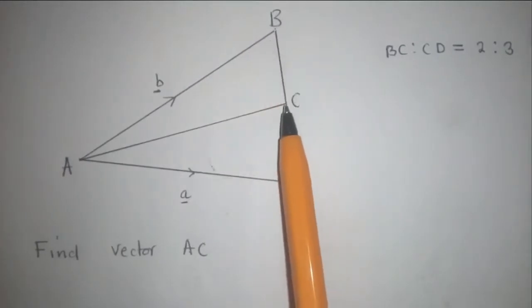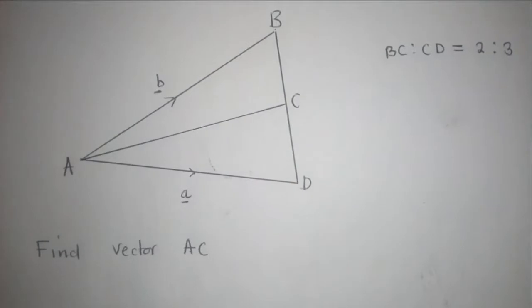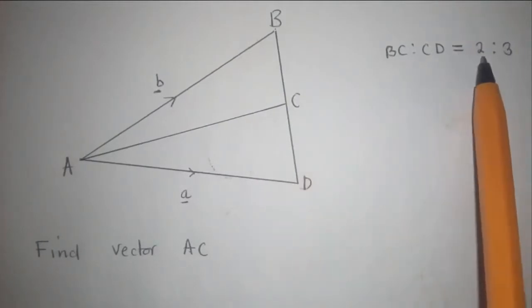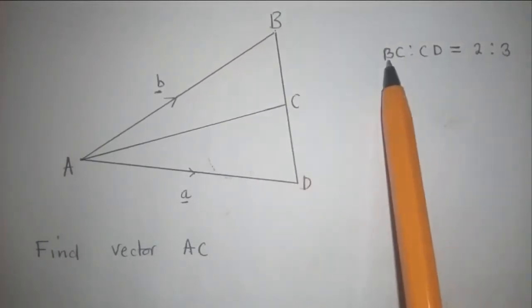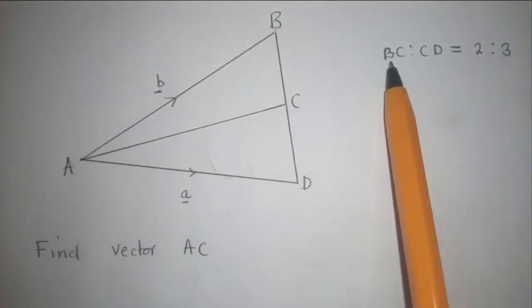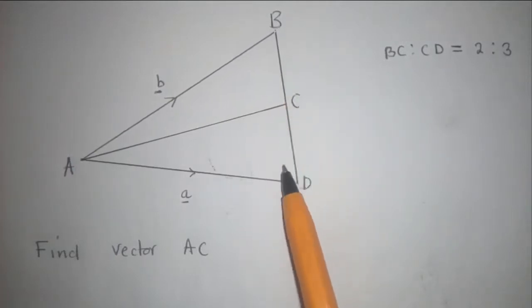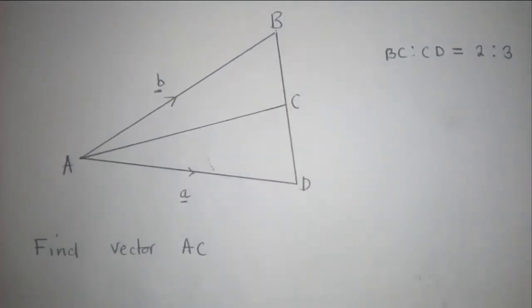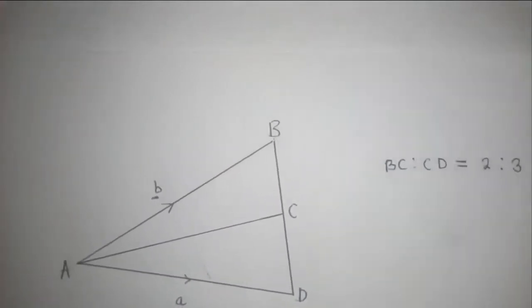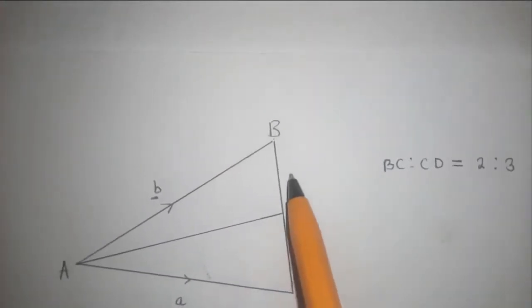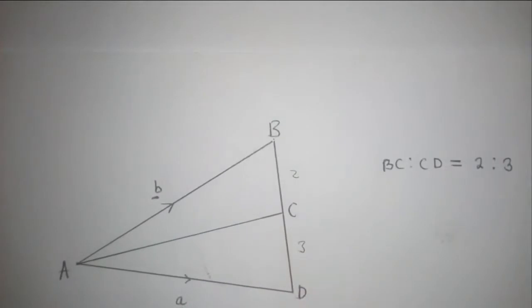So BC to CD, meaning the number which is here is moving with BC. In this case, 2 is moving with BC. So this is 2 and this is 3 in between here. If we were to write, we can say over here it's 2, over here is 3.